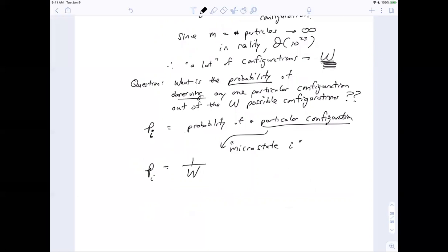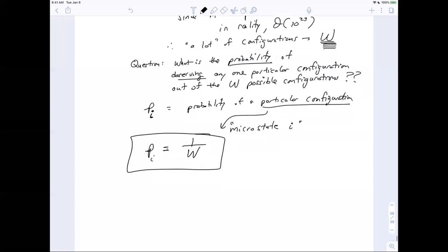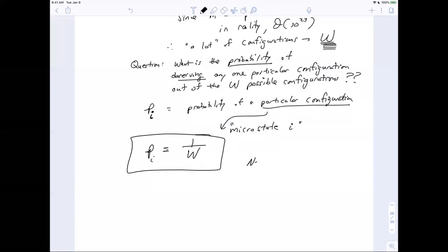And so, this idea of normalization, just to satisfy you, I'm going to say that this is normalized. For any one of these states, we know that the probability is 1 over W. So let's normalize it. If you want to normalize the PDF, the probability distribution function or probability density function, how would we do it?